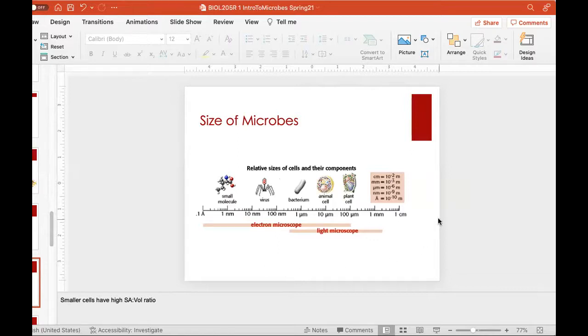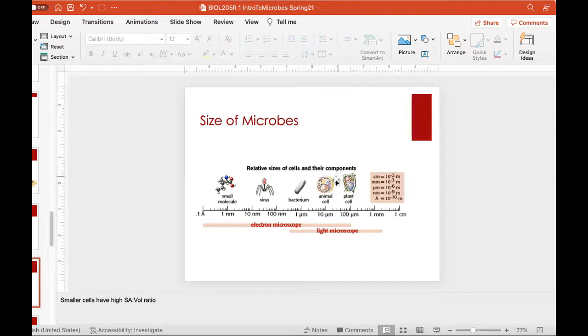If you haven't already, I want you to put a star next to this. I want you to make sure that this information is in your lecture notes, because that's how important this is to us. It has very practical importance for us in the laboratory because it reminds us what we can and cannot see under a microscope.